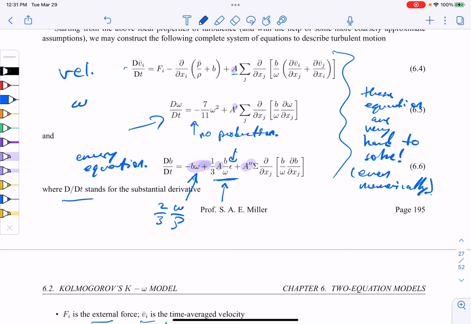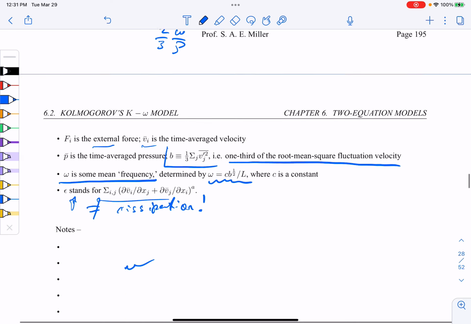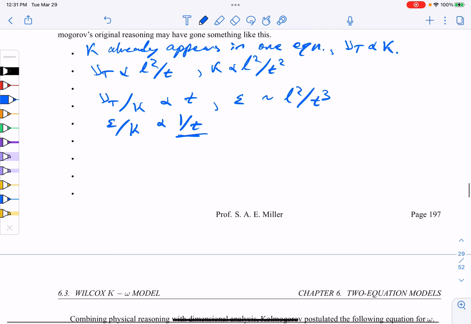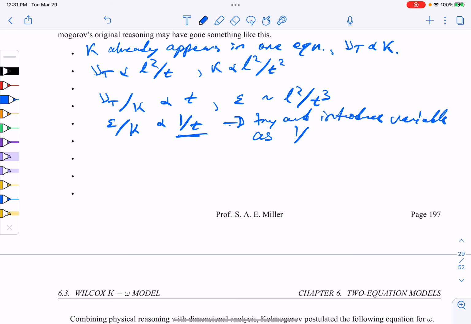We might try and introduce a variable with dimensions time or inverse time, which would be omega.